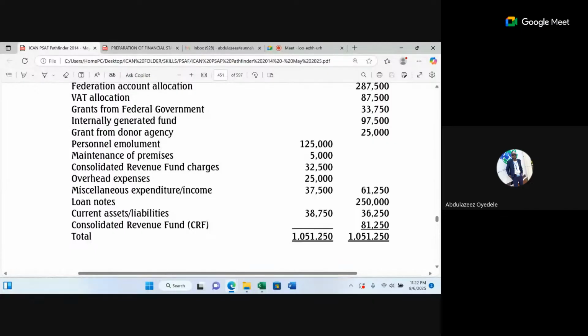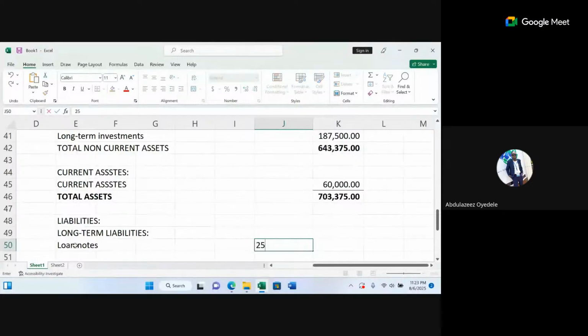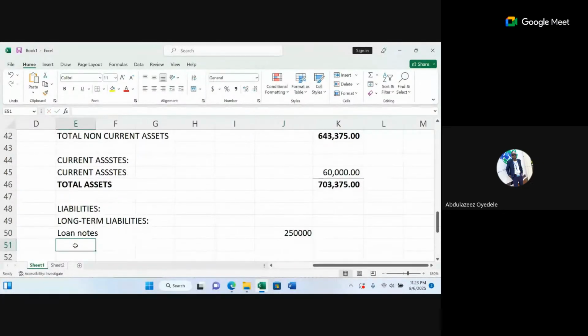So these are non-current liabilities. Okay, so loan notes. So the state has loans that they are servicing, and that is 250 billion. Let's put it here.